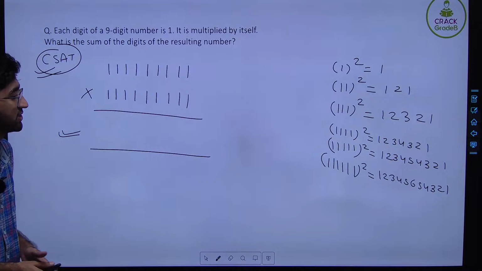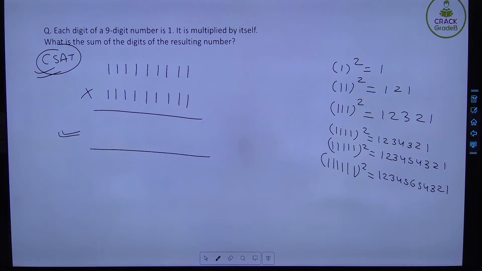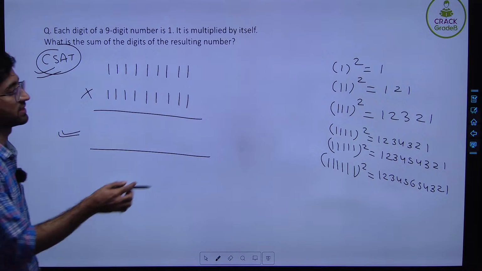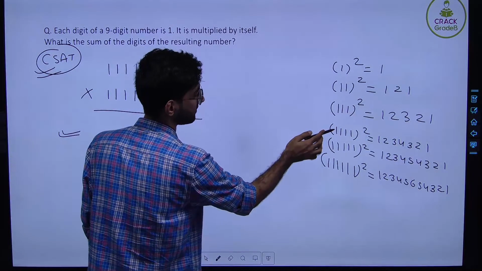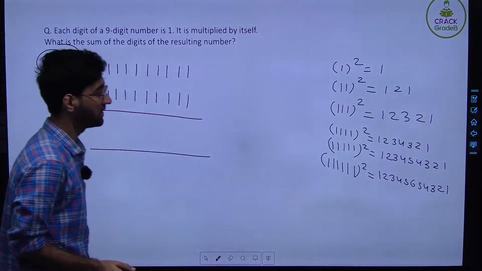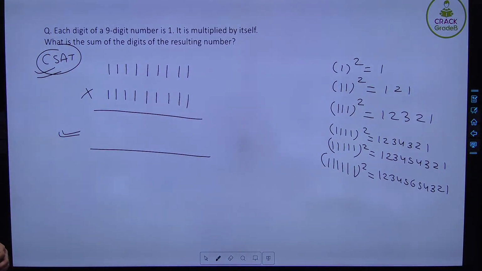Now try to solve this question. Any doubt? See, there are 1 1, 2 1s, 3 1s, 4 1s, 5 1s, 6 1s, and in this question there are nine 1s. Each digit of the 9-digit number is 1.